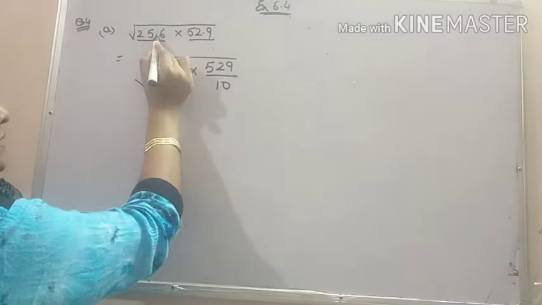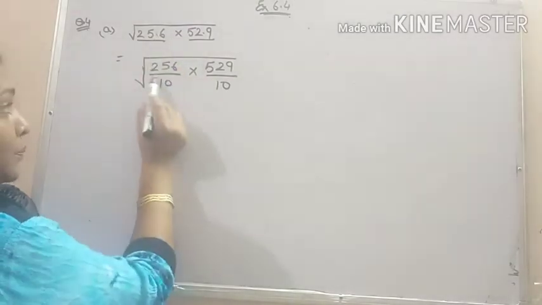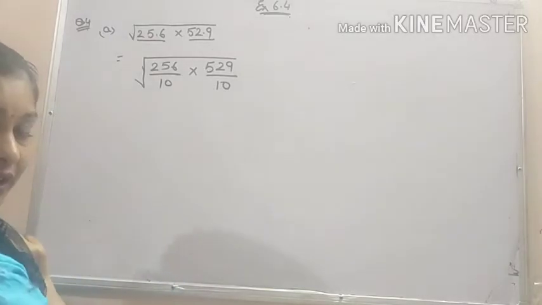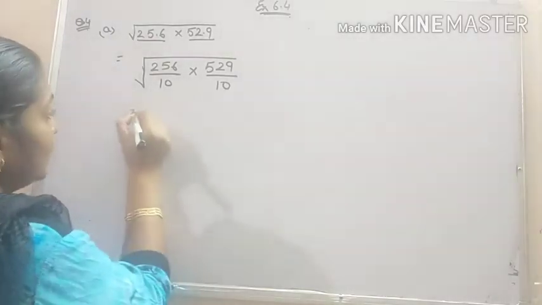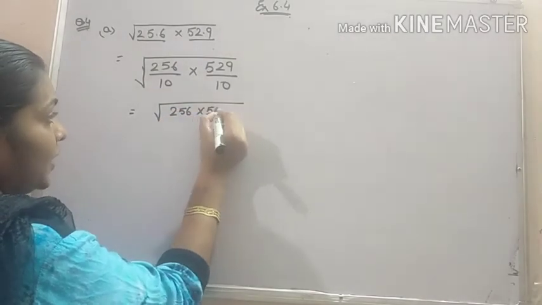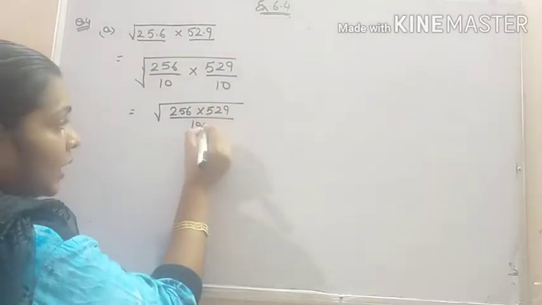You know that the decimal sign can be removed by putting 10 in the denominator, as there is only one place after the decimal sign. Now this will become 256 into 529 upon 100.